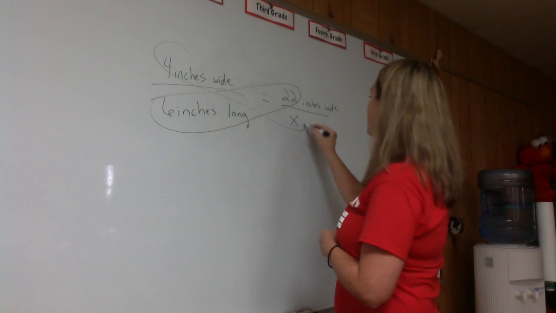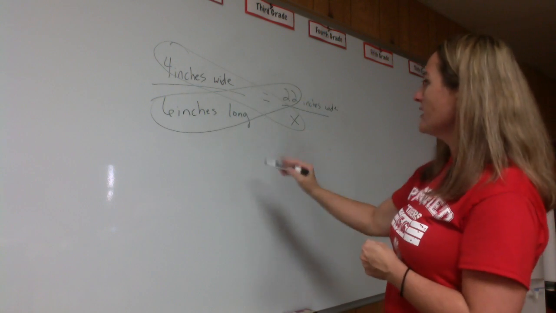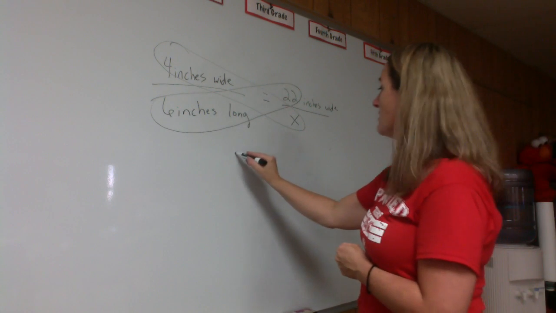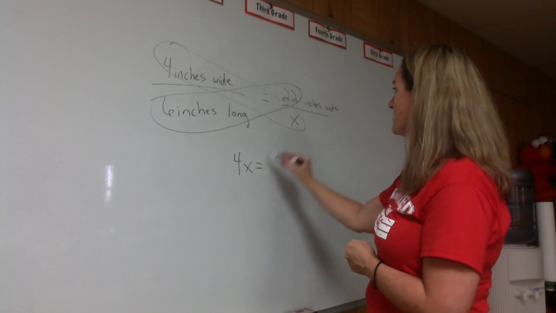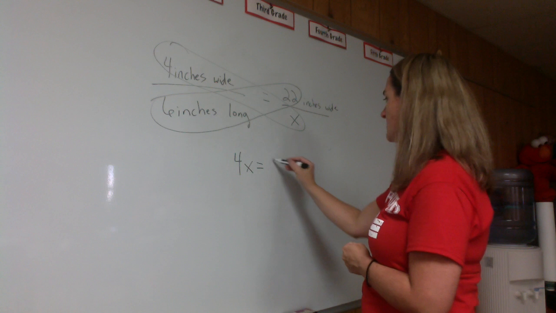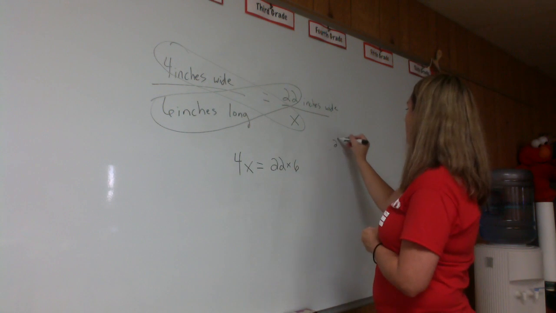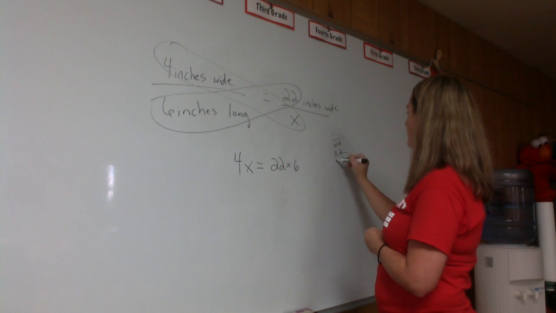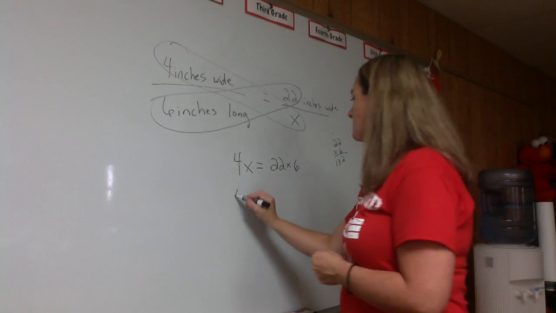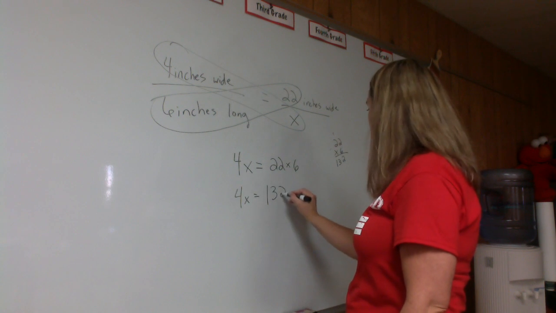Making my cross products, it's like an x. Now 4x is equal to 22 times 6. I don't know that one off the top of my head, so I have to work it out. It's 132, so 4x is equal to 132.